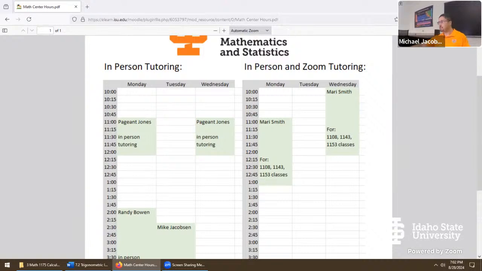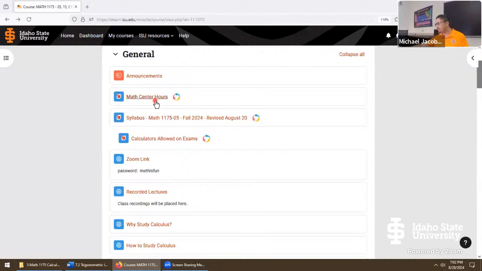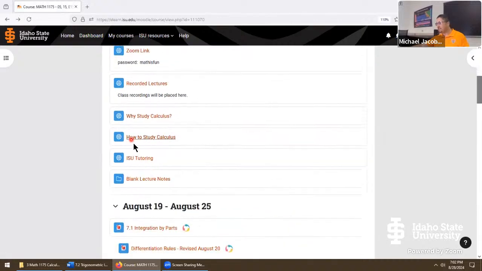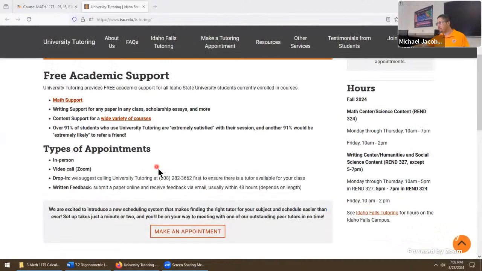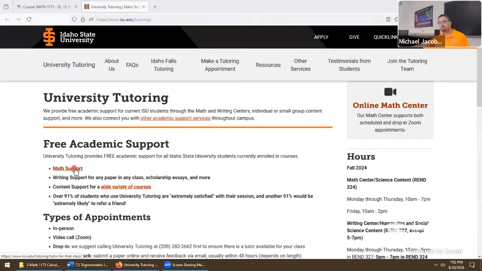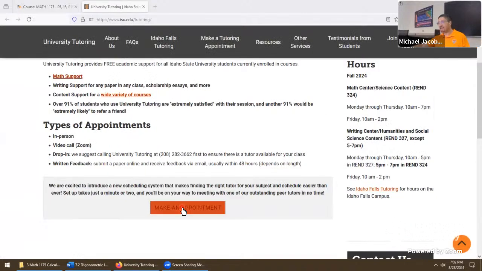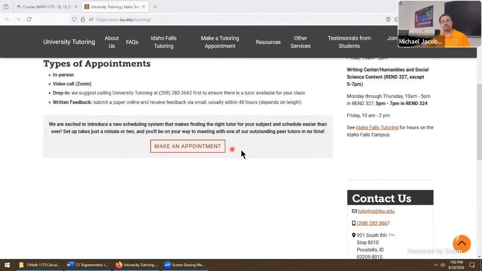You go to ISU tutoring, and you can sign up separately on the site. Make an appointment, and they'll get you set up with some pretty decent tutoring. That would be really helpful for the online section.